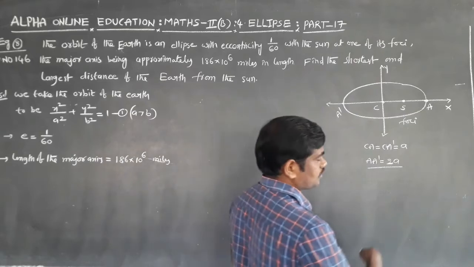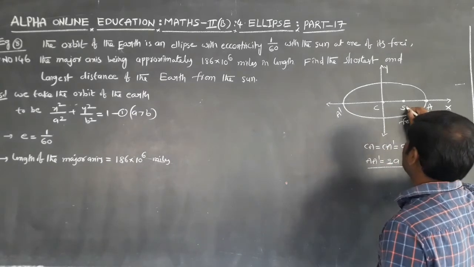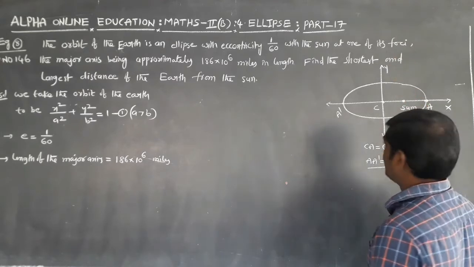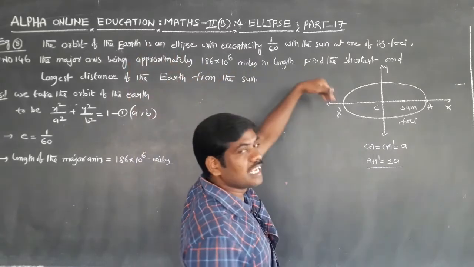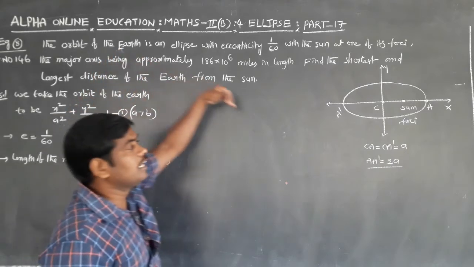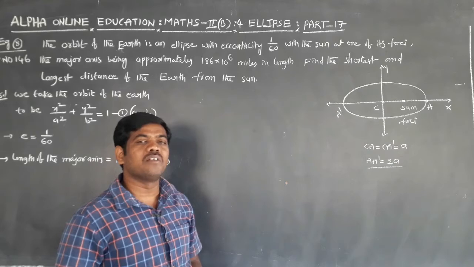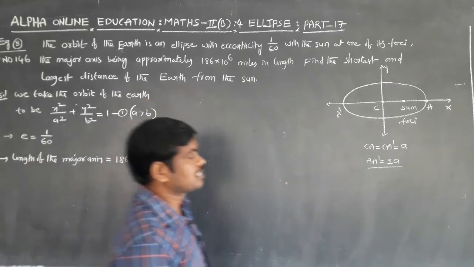Here the sun is one of the foci. The earth moves in an ellipse shape. Here we find the shortest and longest distance of the earth from the sun.